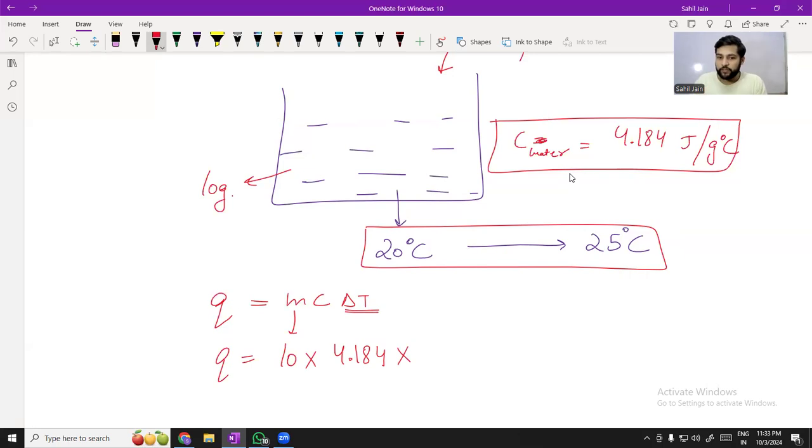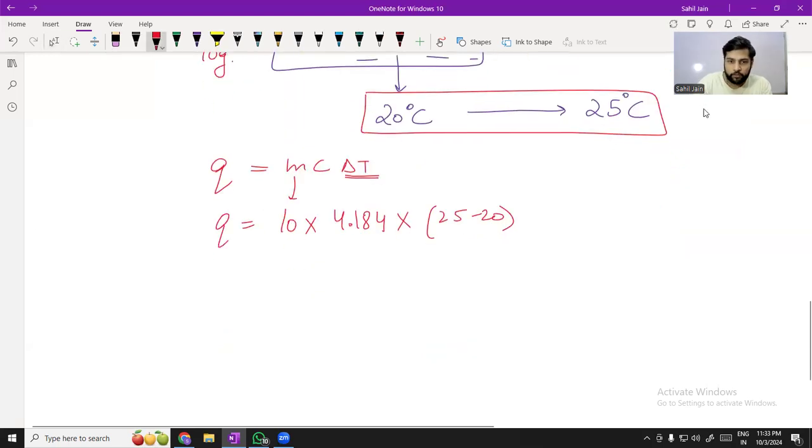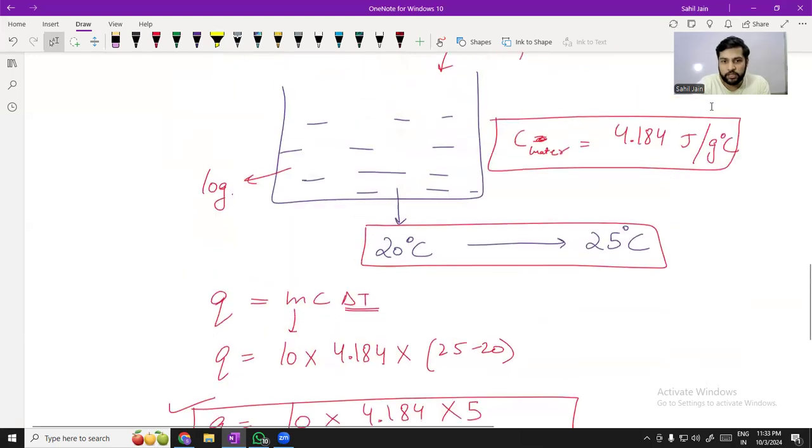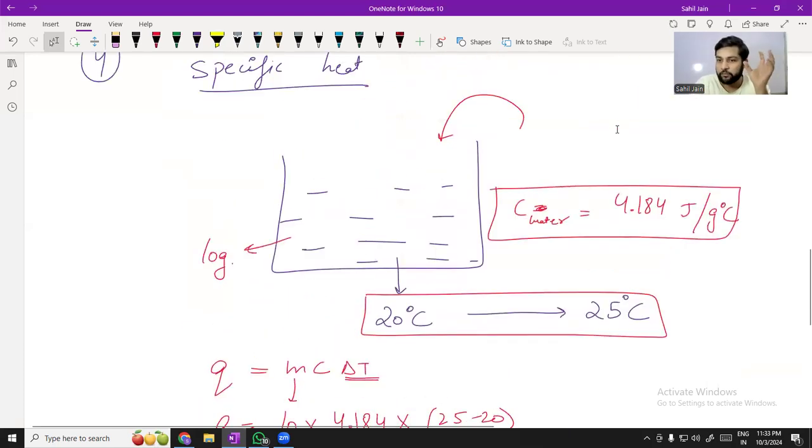Final temperature is 25, initial temperature is 20, so the change would be 5 degrees. So I can calculate from here how much total heat I will require for taking 10 grams of water from 20 degrees Celsius to 25 degrees Celsius.